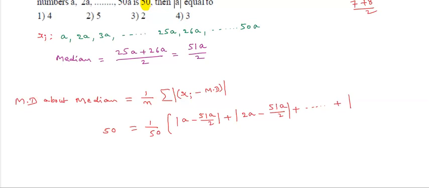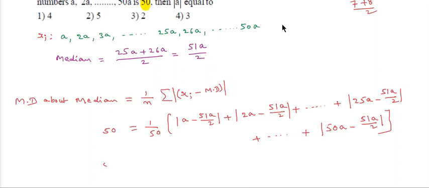The middle values also, 25a minus 51a by 2. Just one value I have written. At the last value, what is that? 50a minus 51a by 2.